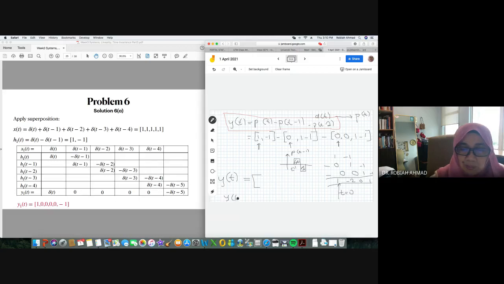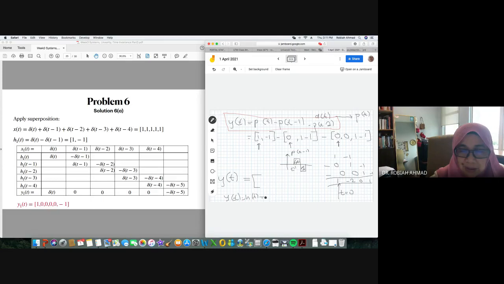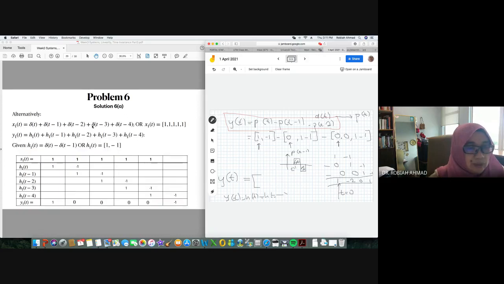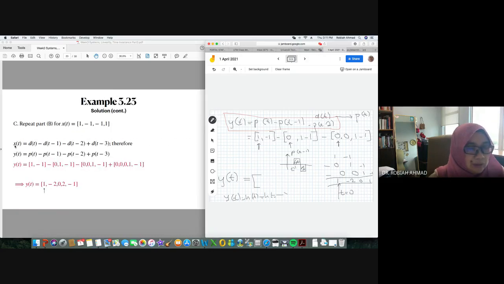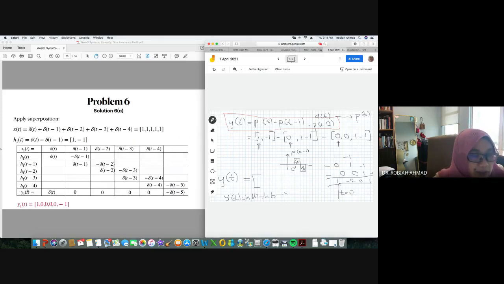So yt dia akan ht plus ht minus 1 sampai ni lah, sama. So kalau kita buat sebelum tadi kan, xt yt, kalau xt ni dt, yt tu pt lah. So dalam our case yt ni akan ht plus ht minus 1 up until ht minus 4.